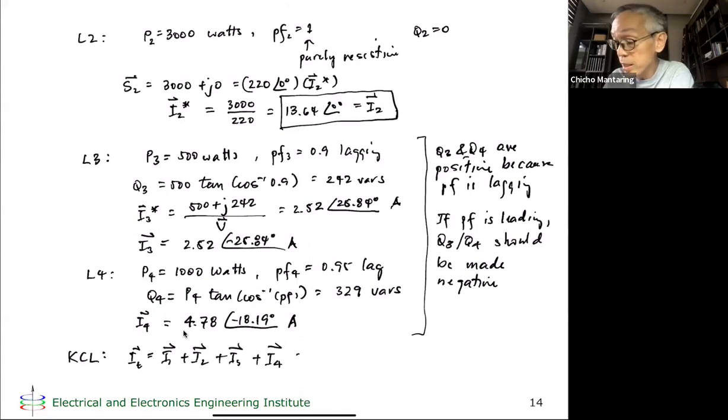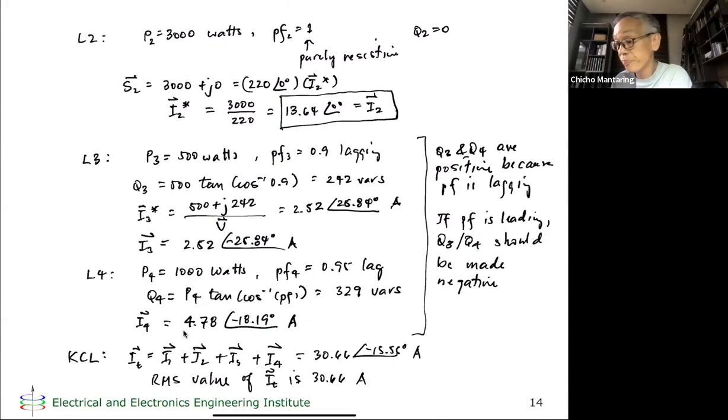And if I do this, again, just using your calculator, you're going to get 30.66 at an angle of -15.55 degrees amperes. And the RMS value of I of t is 30.66 amperes.